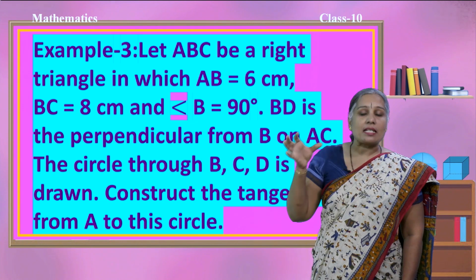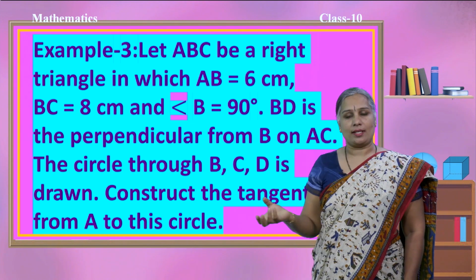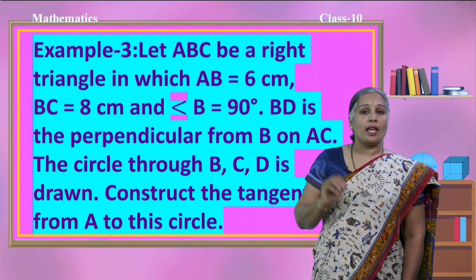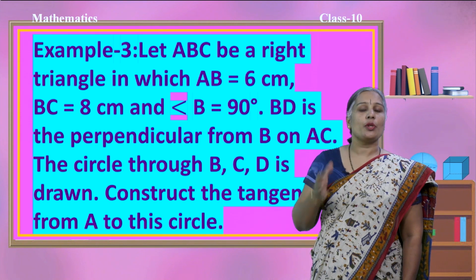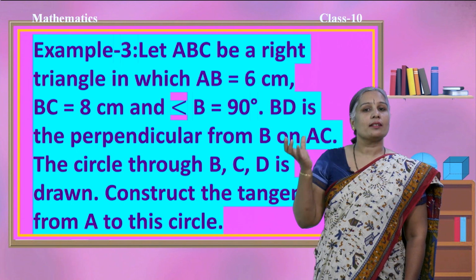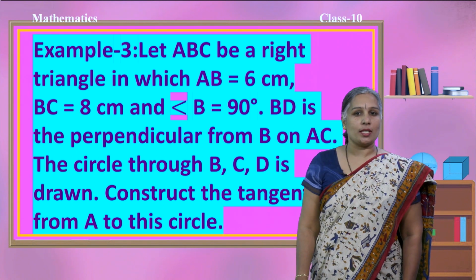So after constructing this circle, we have to create the tangents. Creating tangents is quite simple because we have done a lot of construction of tangents. So using that knowledge, here we are creating tangents to the circle. Let us see how to do this.